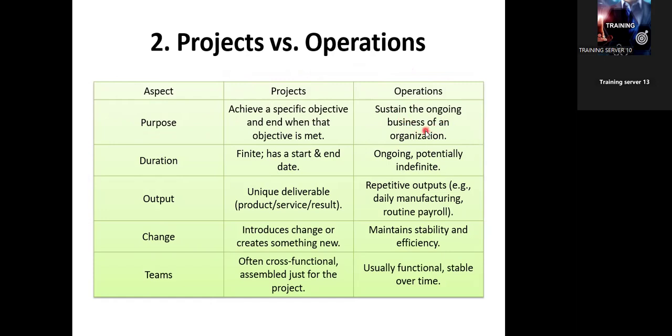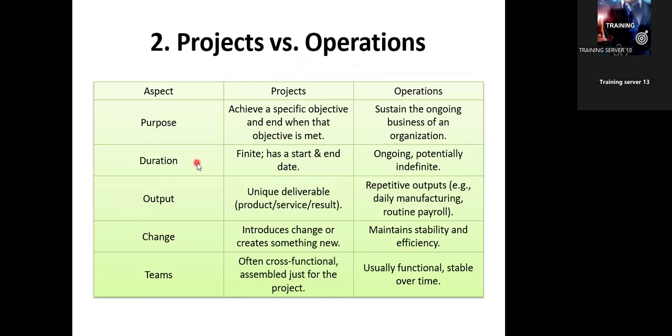So it will be a loop operation. It will not have an end. So we have the main difference between them: this has a start and end point, and here it's ongoing business.